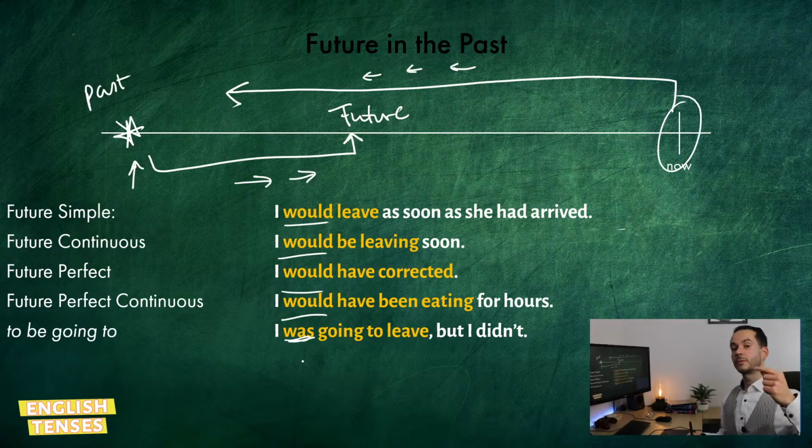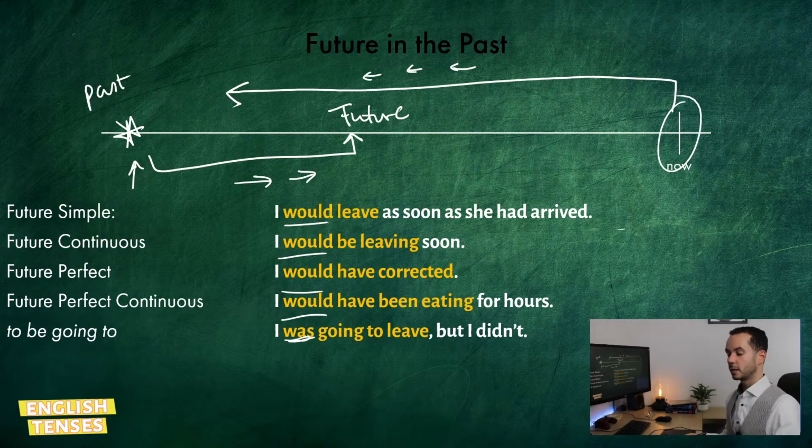And if you remember, we still have present simple and present continuous. And we can also use them in the future and the past. What happens with present continuous and present simple is we simply change them into their past equivalents. So present continuous becomes past continuous.